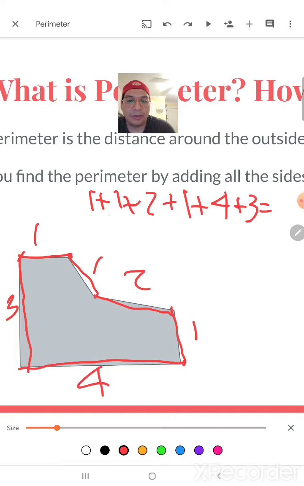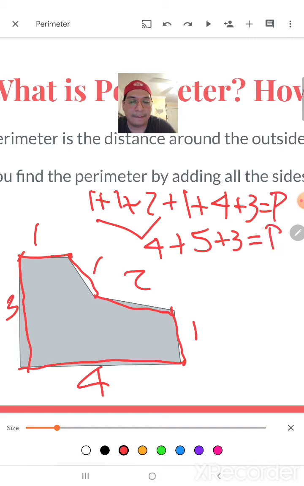Here I have 1 plus 1 is 2, plus 2 equals 4, so all this right here equals 4, plus 1 equals 5, plus 3 equals my perimeter, right? So 4 plus 5 is 9, and 9 plus 3 is 12. So all this right here is 12, and so now my perimeter is equal to 12.